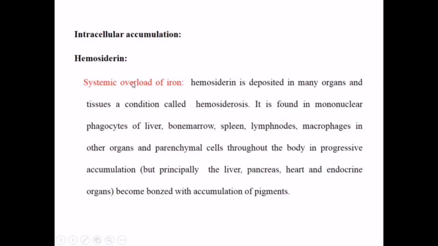In systemic overload, hemosiderin is deposited in different organs and tissues, a condition called hemosiderosis. It is found in mononuclear phagocytes, liver, bone marrow, spleen, lymph nodes, macrophages in other organs, and parenchymal cells, but particularly in the liver, pancreas, heart, and endocrine organs.